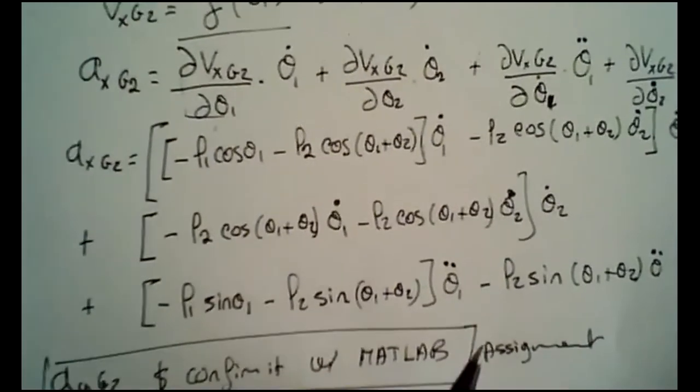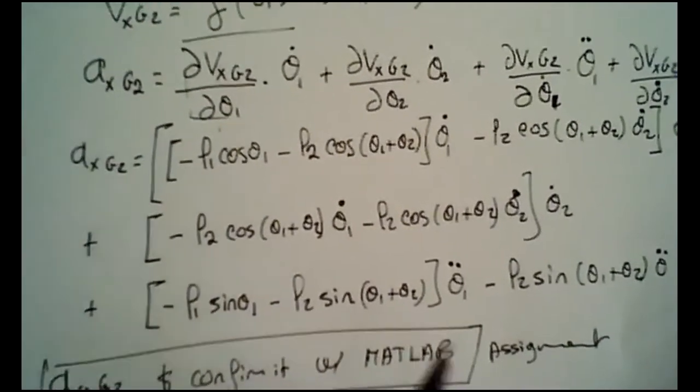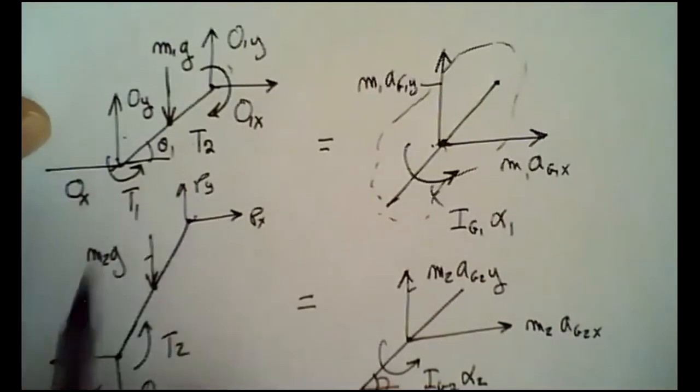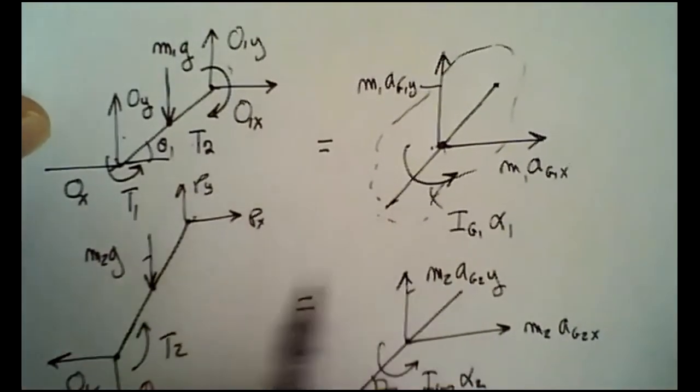Now we have the accelerations, and we are good here. The last thing that we do is sum the forces. Back to here, we sum the forces in the x direction, y direction, and then z direction, and put it finally in a form that we can see.